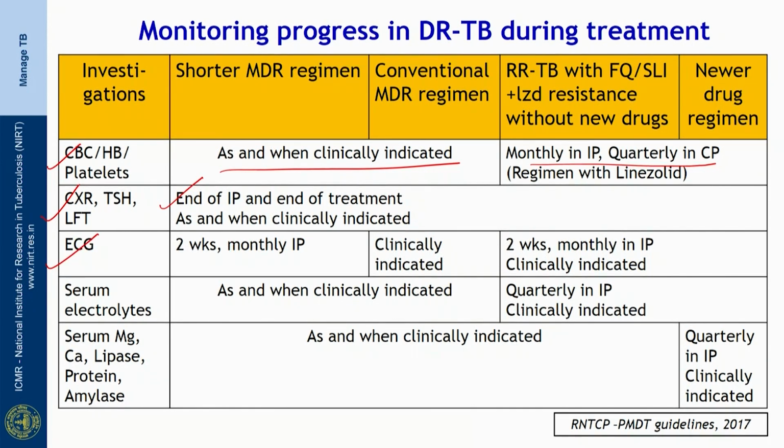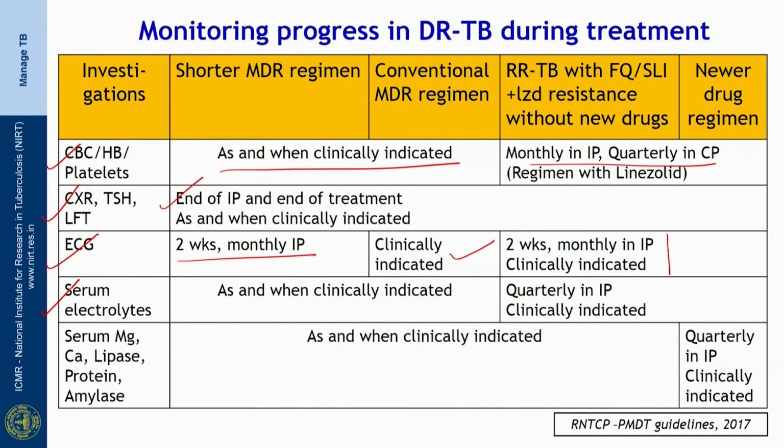ECG in terms of shorter MDR regimen has to be taken at 2 weeks and monthly in IP, in conventional MDR regimen when indicated, and in the regimen without new drugs or with new drugs at 2 weeks and monthly in IP and as and when it is clinically indicated.